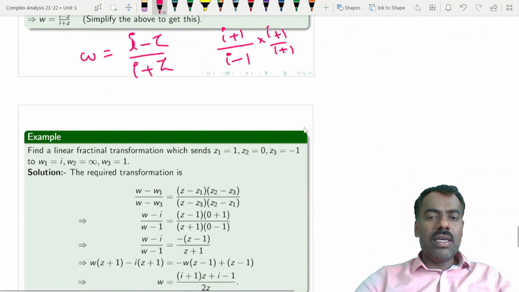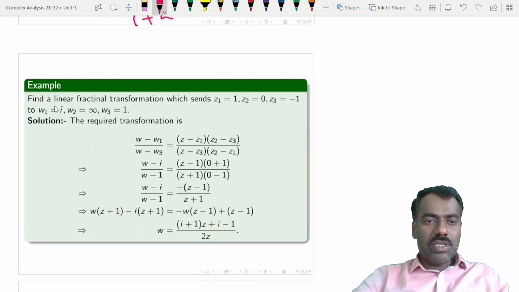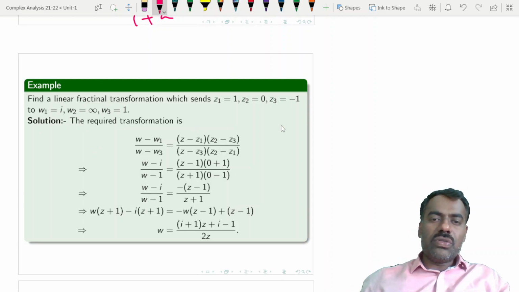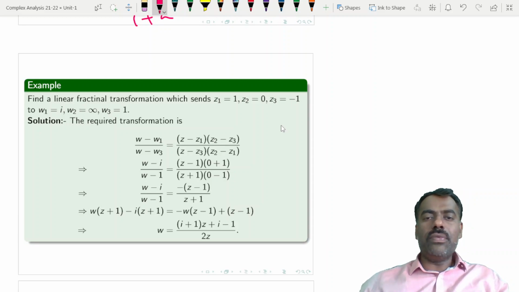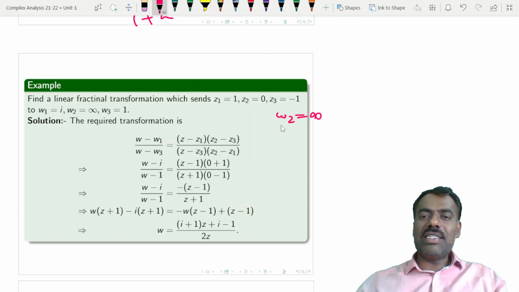This is one example which involves infinity. So we want to send 1, 0, minus 1 to i, infinity and 1. Because w2 equal to infinity is involved, we can eliminate the terms which contain w2. It is not at all difficult.